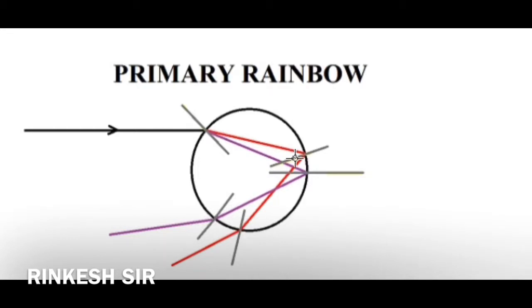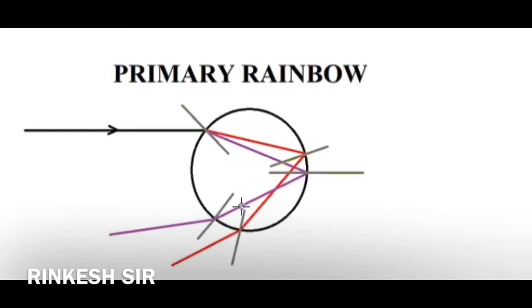In this case, we can take it as 48 degree. So when that is higher than the critical angle, it will experience total internal reflection. So you can see here that red light and violet light both are experiencing total internal reflection. Means both are reflected internally.